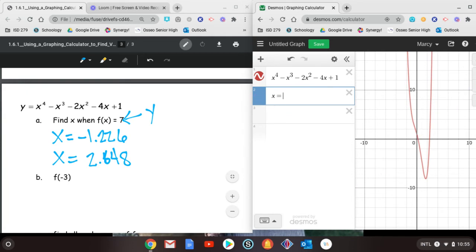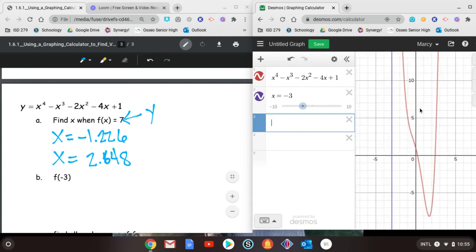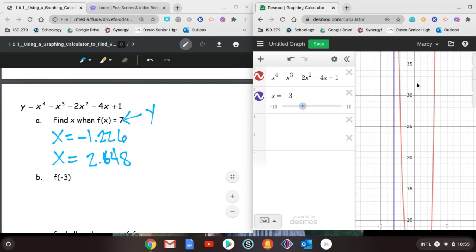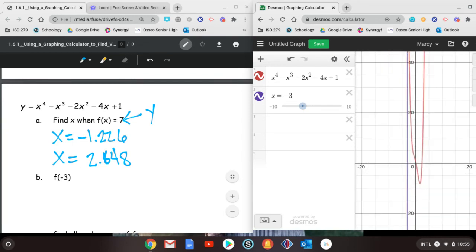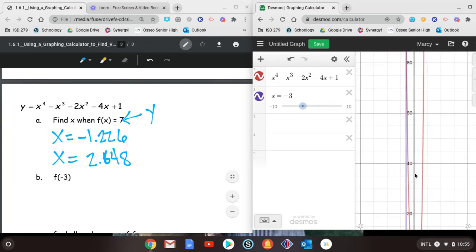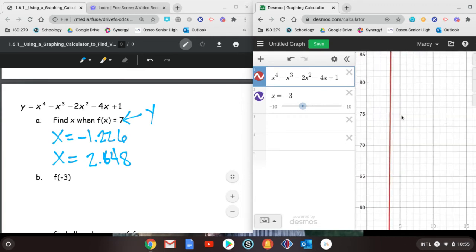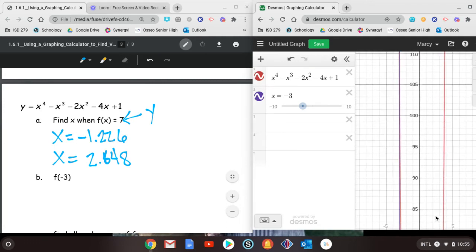My next one is x equals negative 3. So I have to go up quite a ways before I find my point.